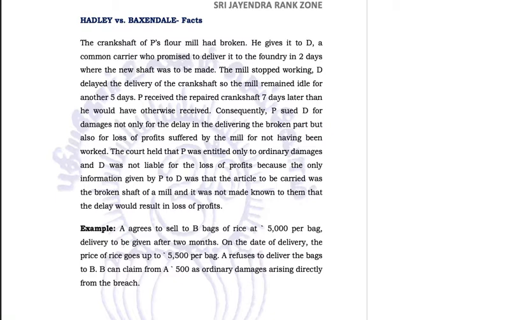It was not told to D. D did not know that such loss of profit would occur by not delivering the particular crankshaft on a given date, because usually mills have spare parts as well. So D had no occasion to believe that this is the only part the mill has and the mill would not work if this crankshaft is not delivered.